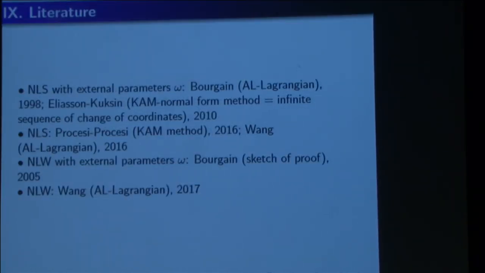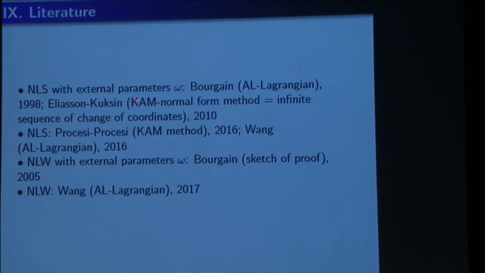Okay, so finally some literature. Nonlinear Schrodinger with external parameters just means that instead of considering a fixed equation, you consider a family of equations. You add some parameters in the problem. That's the work of Bourgain in 1998, which started the field, the KAM theory for higher dimensional PDE.